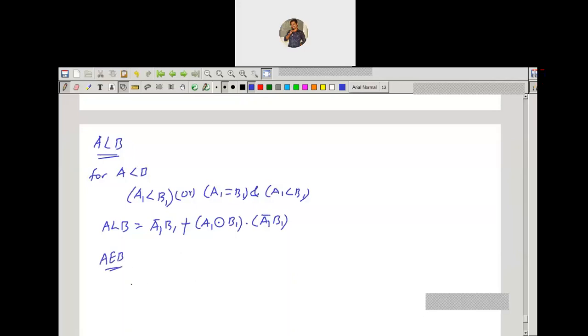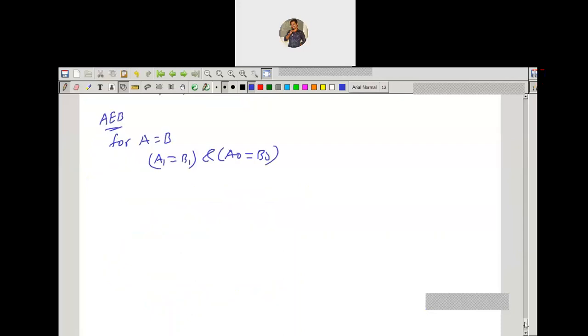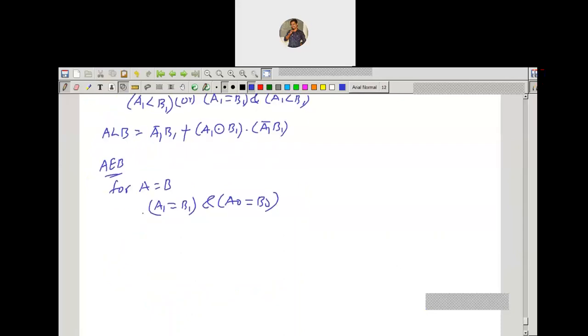For A equal to B, the A1 should be equal to B1 and A0 should be equal to B0. In this case only you are going to get the A equal to B case. So we can write A equal to B is equal to A1 XNOR B1 and A0 XNOR B0.